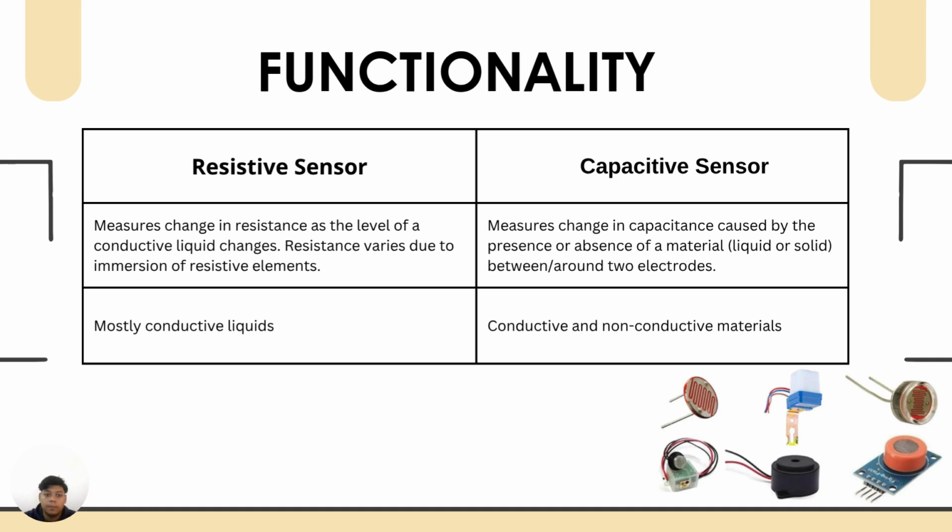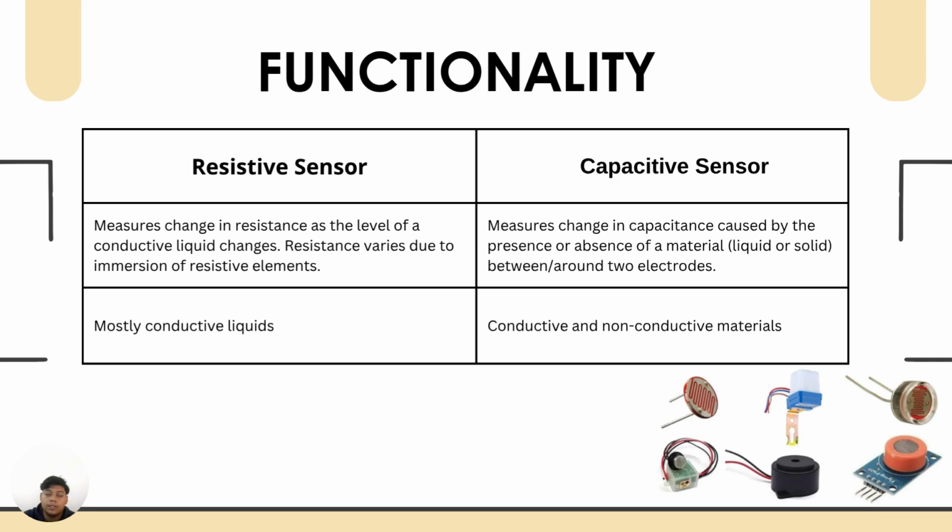A capacitive sensor operates on a different principle. It measures the changes in capacitance that occur when a material, either liquid or solid, comes close to or fills the space between two electrodes. As the material level changes, the dielectric constant of the medium between the electrodes also changes, altering the capacitance.